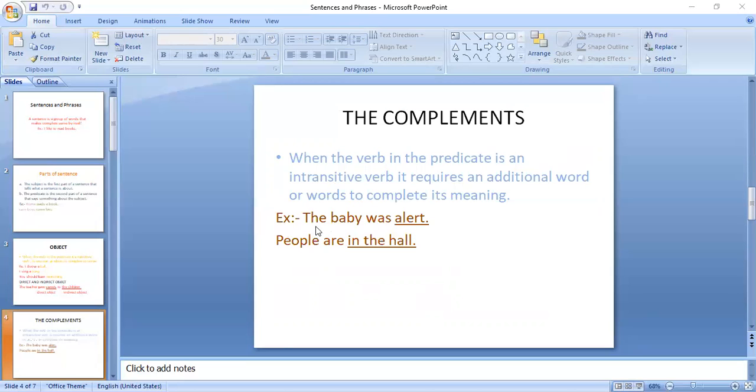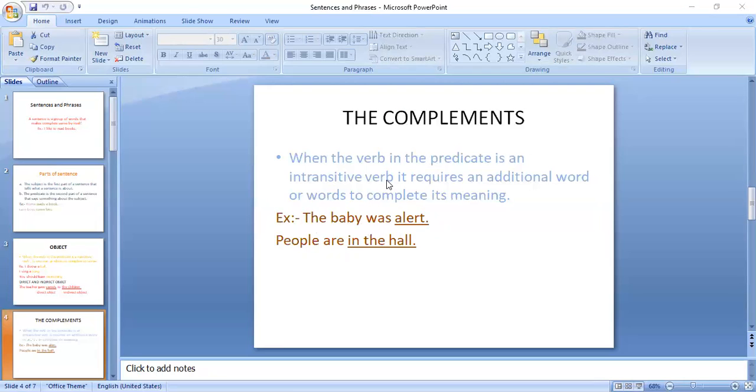the baby was alert. Who was alert? The baby. The baby is the naming part. Then was is the intransitive verb. If I tell the baby was, is the sentence completing? No, the sentence is not completing. In case of a transitive verb, the verb itself can complete a sentence.